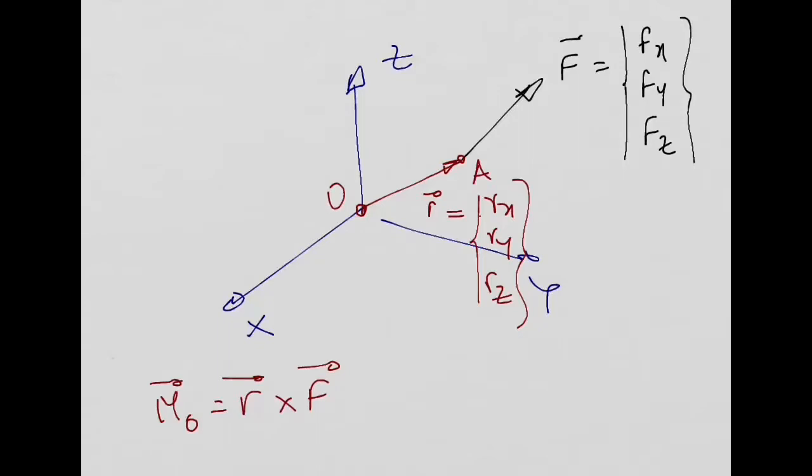Can you tell me? You can't, right? This is a very generic case where the position vector and force vector have a very general orientation in a 3D space. But the good thing is that if you do this cross product, the direction of the moment will come out automatically from the cross product. You don't need to worry.